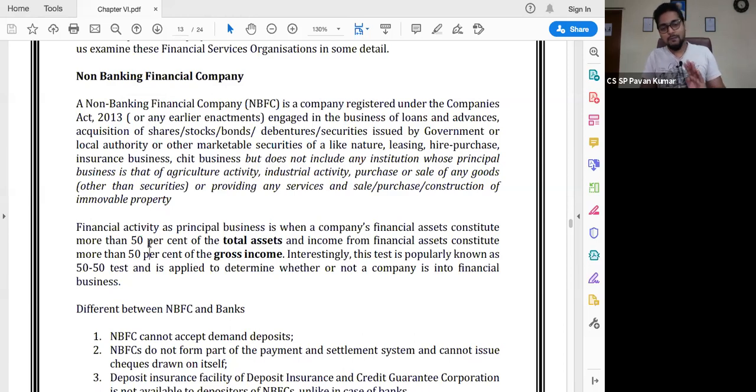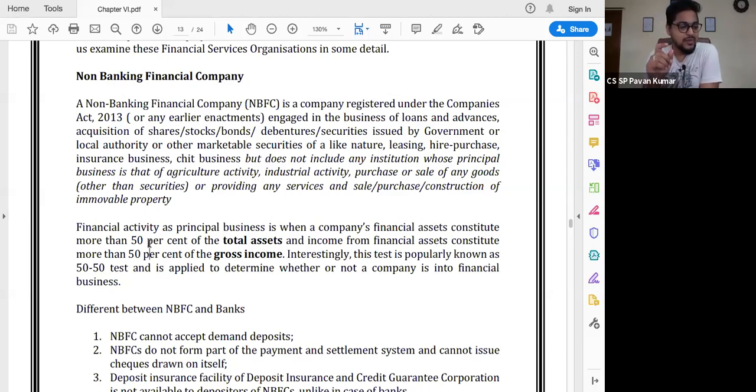Okay, so what does an NBFC company do? They accept loans, they give deposits, they can invest in securities, they can do hire purchase, they can do lease financing, they can get into insurance companies, they can run a chit business. These all types of activities an NBFC company can do.